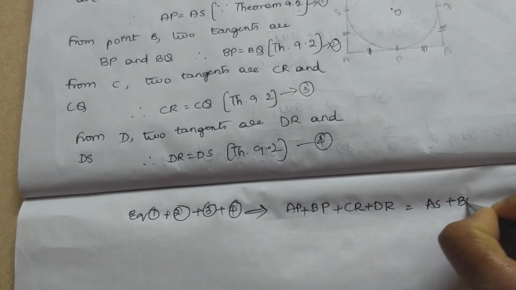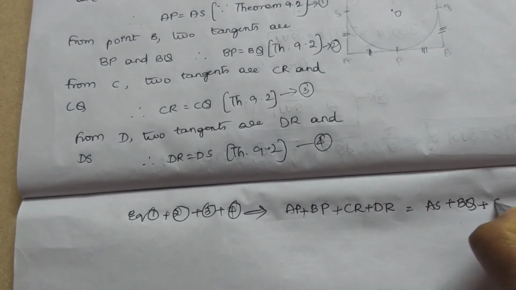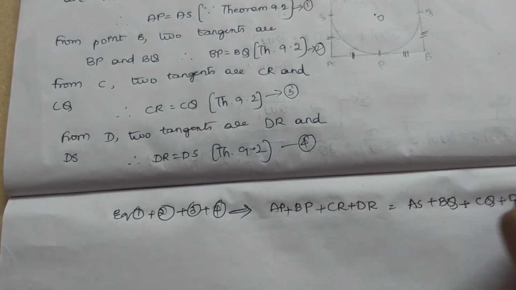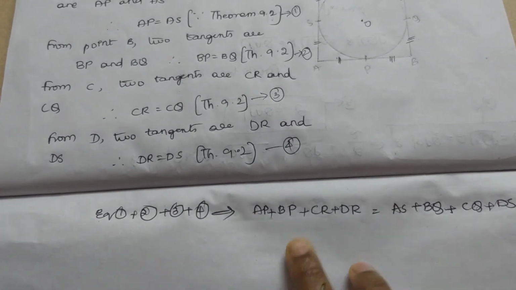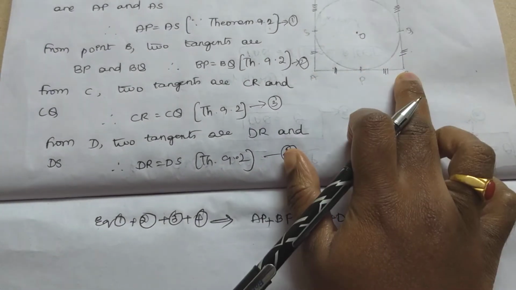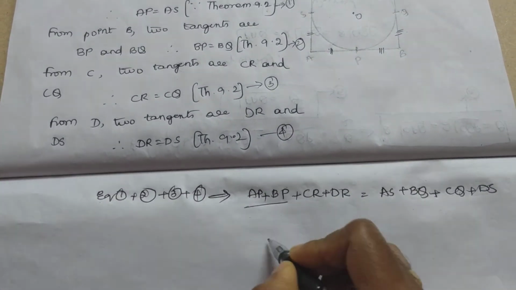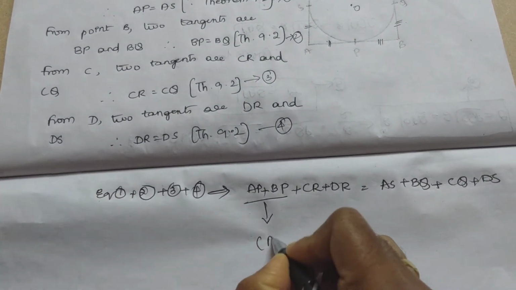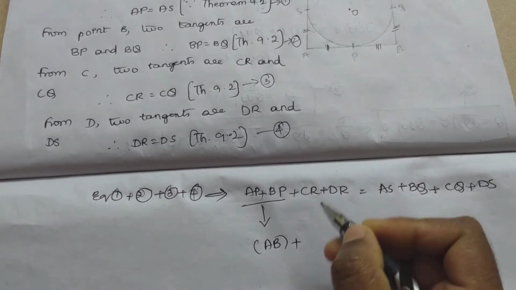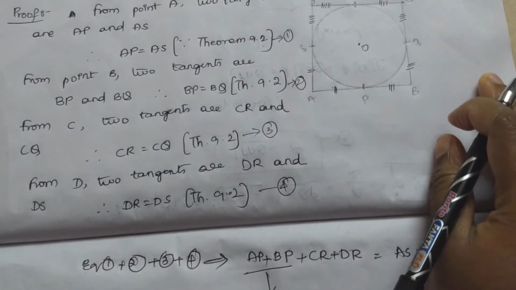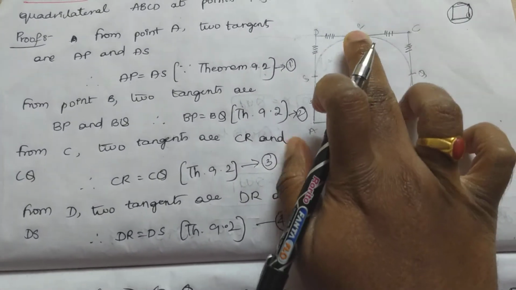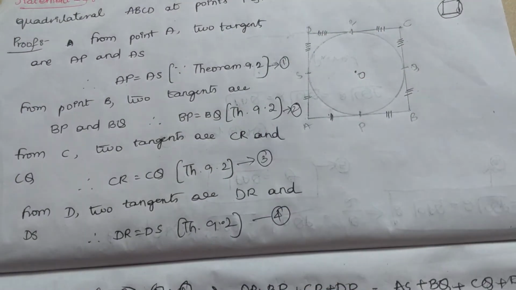AS plus BQ plus CQ plus DS. Okay. So what is AP plus BP? Can I write it as AB? Yes. With these two I am putting it as AB, plus CR plus DR. Let's see in the figure here. CR plus DR, we can write this as CD.